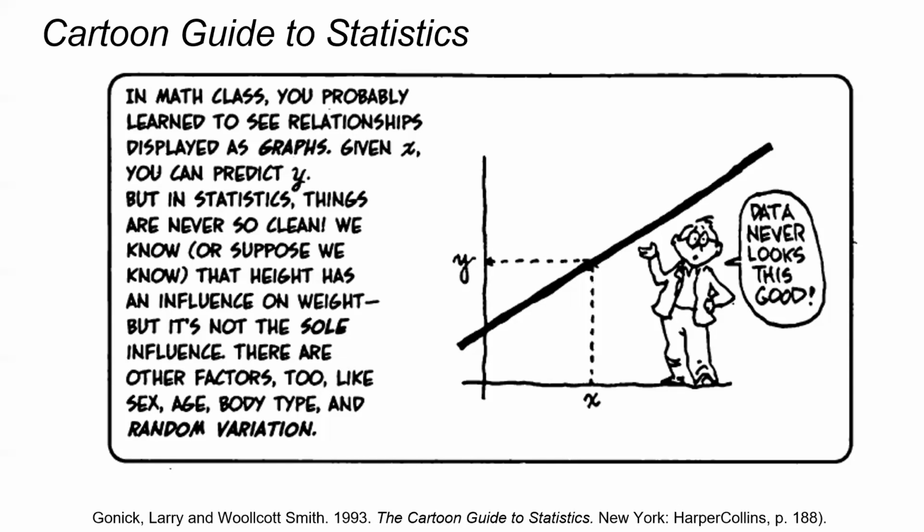So we would expect that people who are taller weigh more. But we know that that relationship is not perfect, right? There are people who are very tall who are thin, and people who are not so tall and who are not so thin. So there are a lot of other variables, a lot of other factors that play a role in how much somebody weighs. But we're going to simplify it and just look at the relationship, or the association, between these two variables for this example.